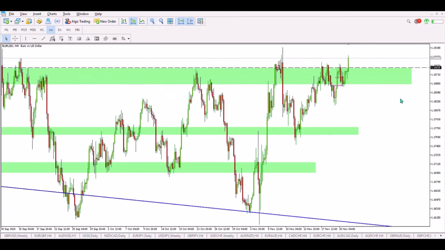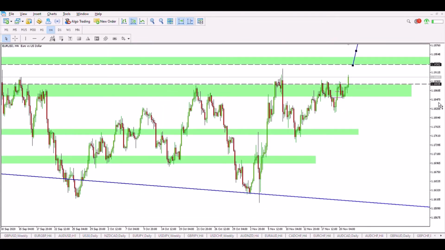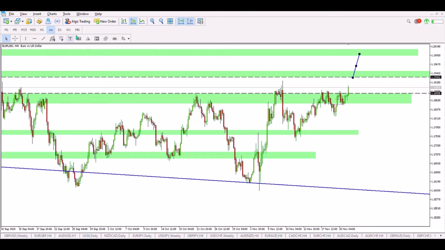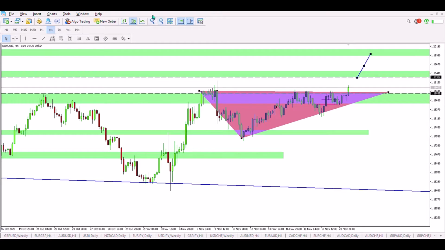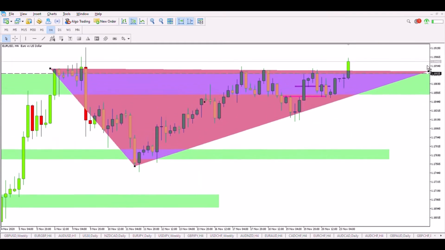And here also, guys, you can see the pattern called an ascending triangle. It looks like this. So here we have 3 attempts to break the resistance. One is here, another here, and another here.